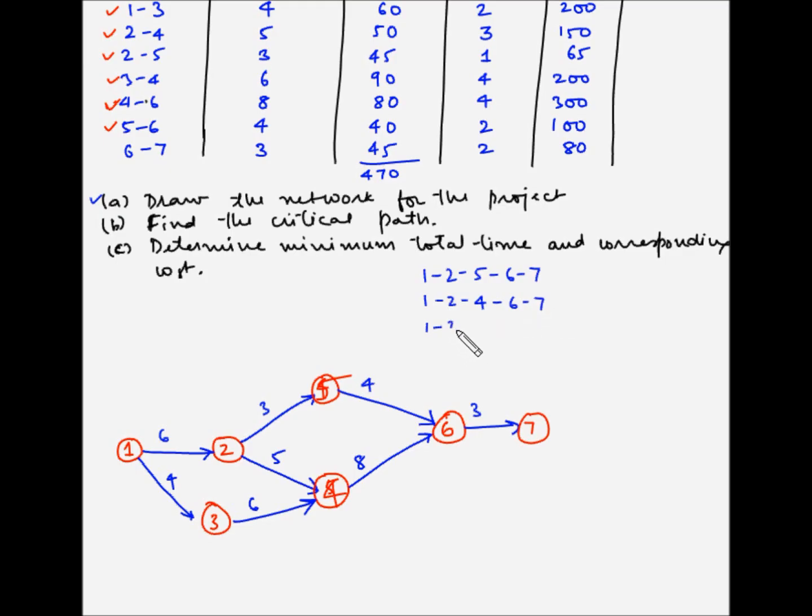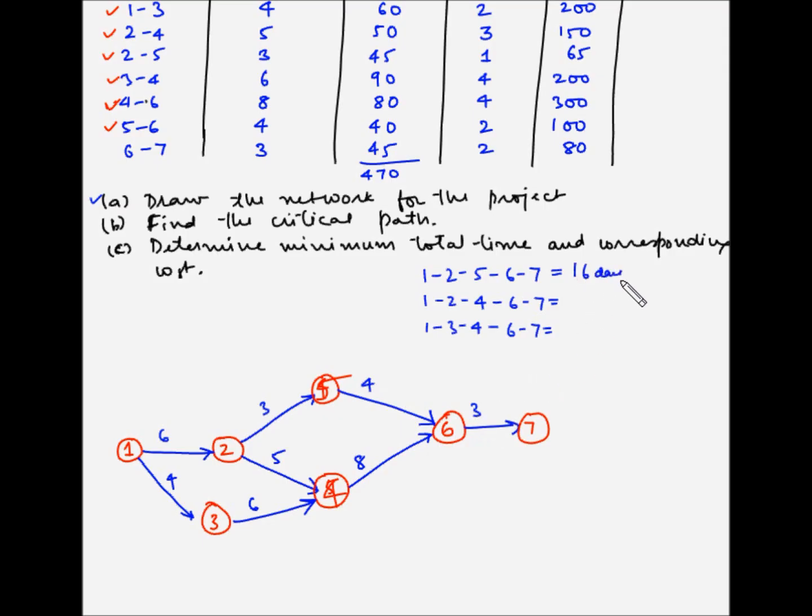Then 1, 3, 4, 6, 7. So let's now find out the time taken for each of these paths. So the first one, 1, 2, 5, 6, 7: 6 plus 3, 9, plus 4, 13, plus 3, 16.